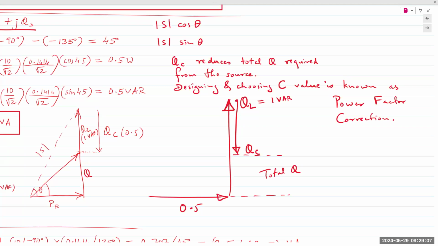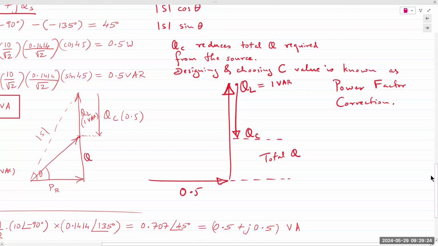So again, power factor is basically describing how much reactive power the system needs, and power factor correction, in simplest of terms, is the reduction in the amount required from the source. That is designing and choosing the value of the capacitor. And that is lab 8, for those of you who are taking the lab.